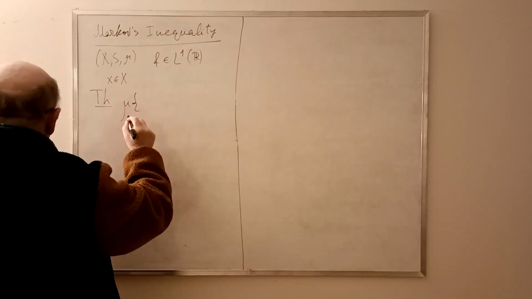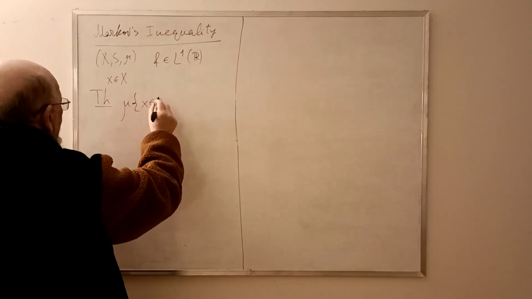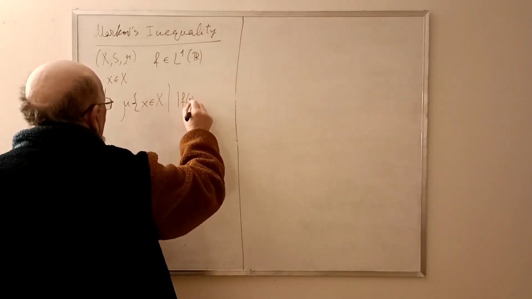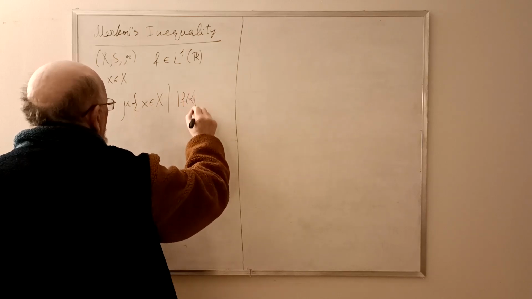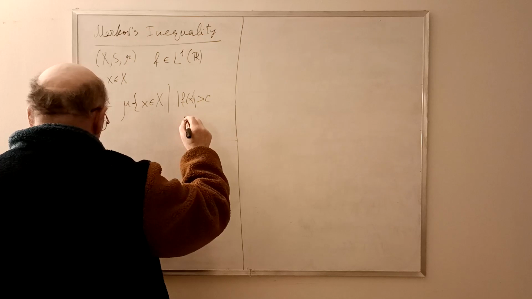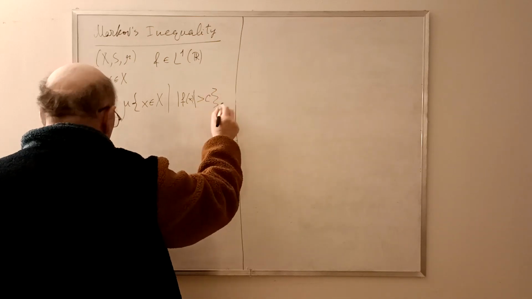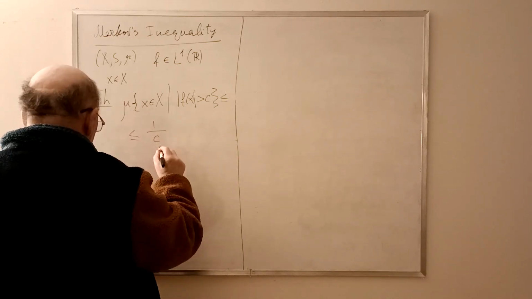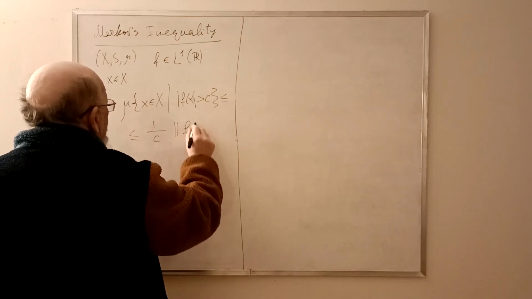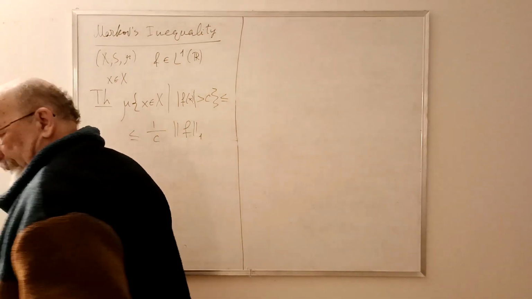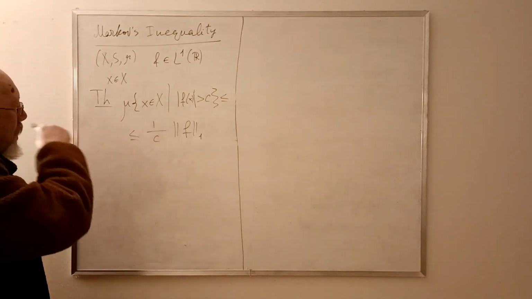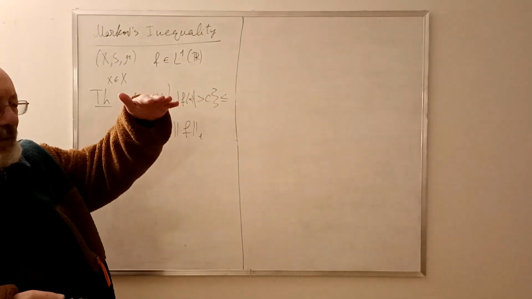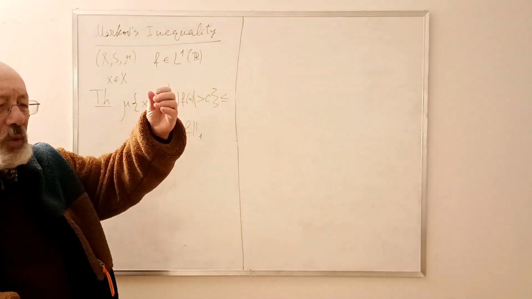The measure of the set of x in X such that the modulus of f(x) is more than c is less or equal to 1 over c times the norm of f in L1. So the set where the function is very large necessarily has small measure.